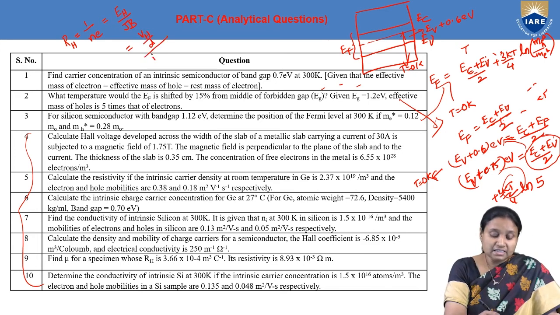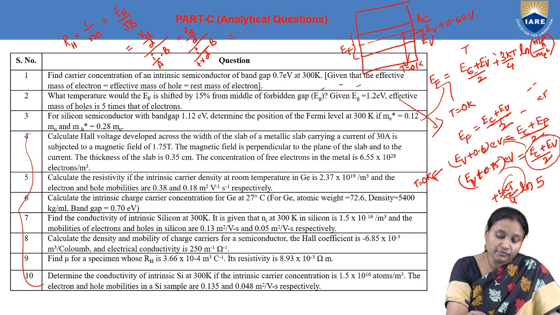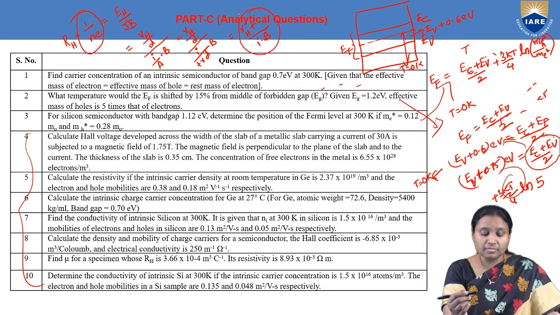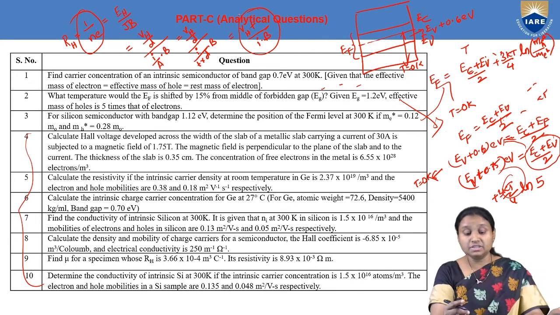And current density is given as current per cross-sectional area into B. And this area is written as thickness into width. So we have one more formula for Hall coefficient as VH t by current into B. So making use of this formula as well as the previous formula, we can find the carrier concentration.